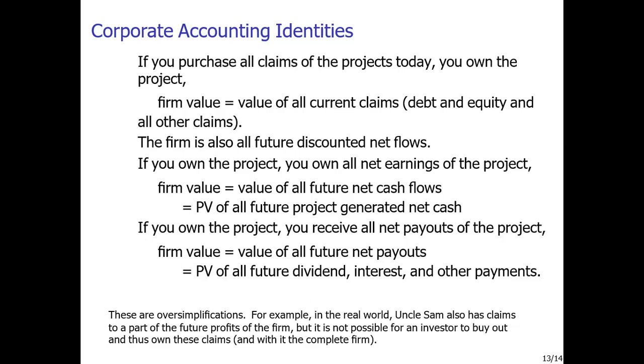Similarly, it equals the present value of all future dividends, interest, and other payments. While Welsh is talking about oversimplifications here, we have to remember that whatever income that we earn, the BIR is also having a stake on it.